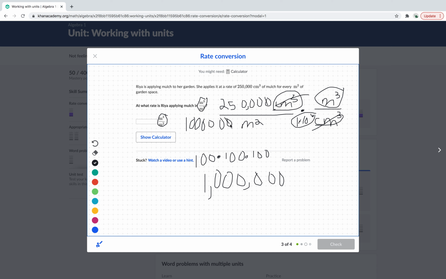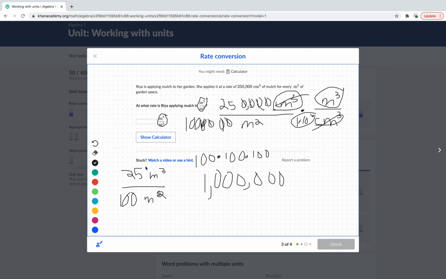You cross out the same amount of zeros on each side to simplify it. Now we cross out 4 zeros on each side. Now we are left with 25 meters cubed and 100 meters squared. Oh, I meant cube on this one, sorry.